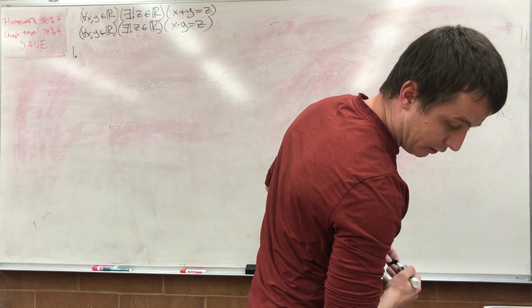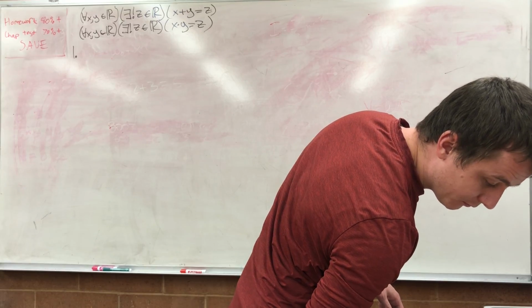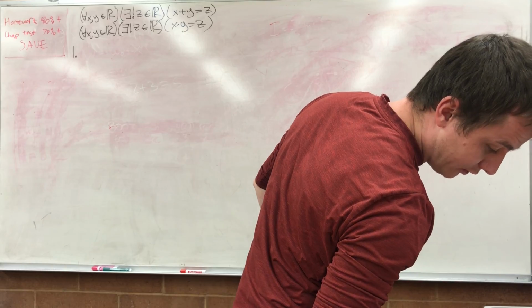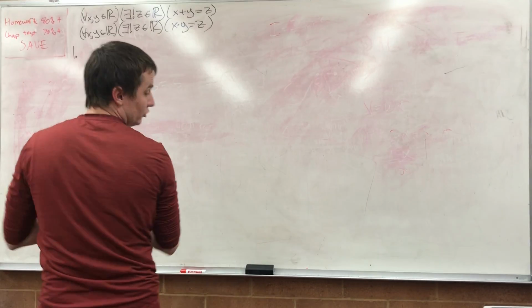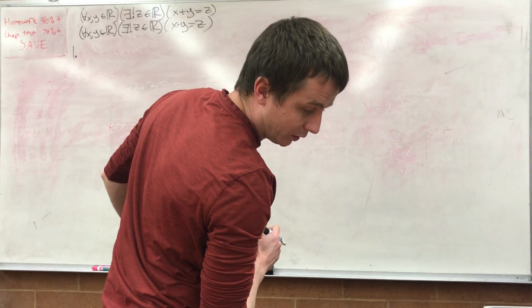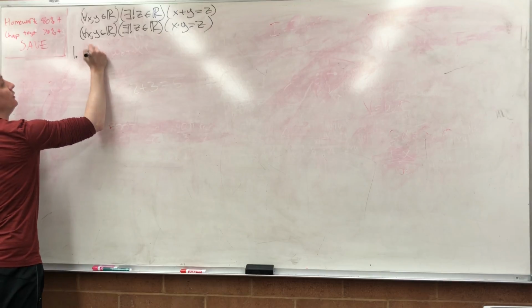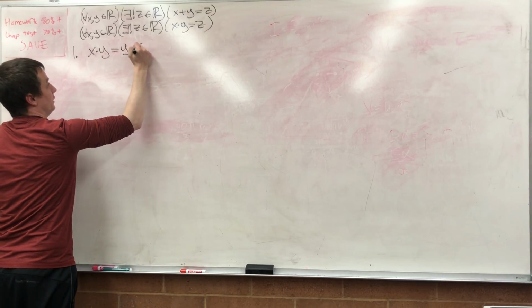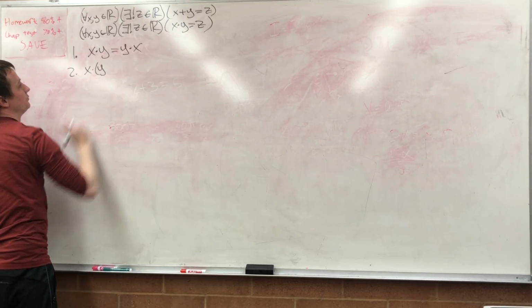Let's see, he does commutative, associative, distributive. So he's just going to list a few of the axioms at a time and work with them as I go. Such that 1, x times y is equal to y times x. 2, x times y times z.